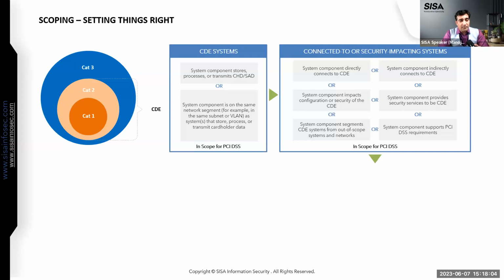And then there might be additional services, because no system can remain in a particular environment without the support of other systems. For example, these Cat 1 devices need DNS services, they need Windows update, they need time syncing and all of that. So there are a lot of other services also which are supporting Cat 1.